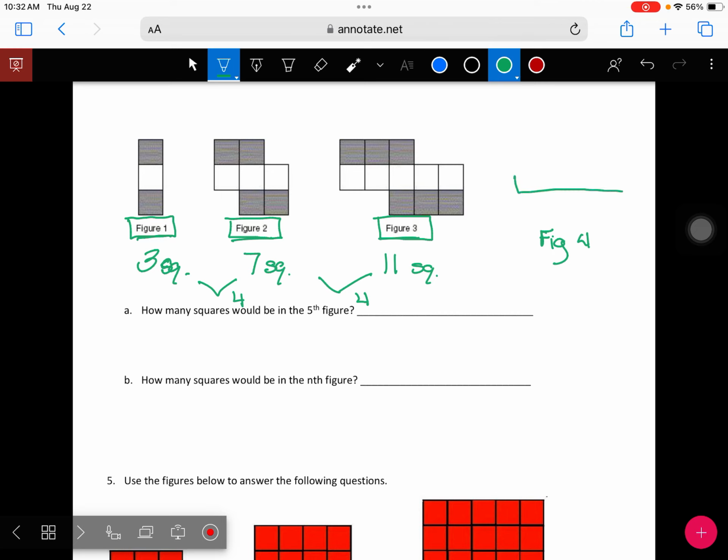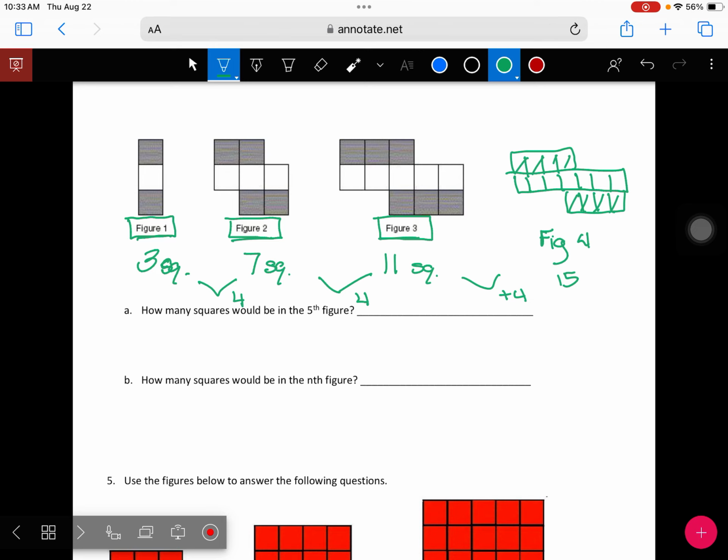So this one's going to have 7. 1, 2, 3, 4, 5, 6. It's going to have 4 closed in up here and 4 closed in down here. And does that give me plus 4? Does that give me 15? Yes, it does.